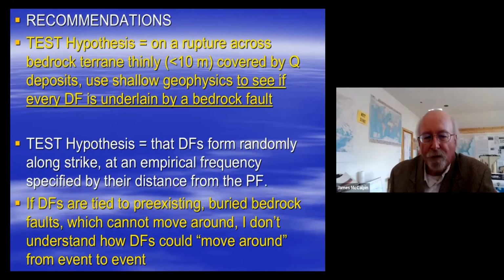Well, I have a little problem with this because this implies that in the next rupture on this principal fault, the array of DFs will be completely different than it was on the previous event. It would be stochastic. But if the DFs are really tied to pre-existing bedrock faults in the subsurface, those faults can't move around stochastically. They are where they are, and where they're not, they're not. So I don't really understand how DFs can move around from event to event.